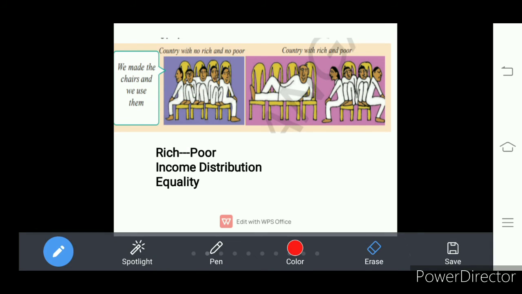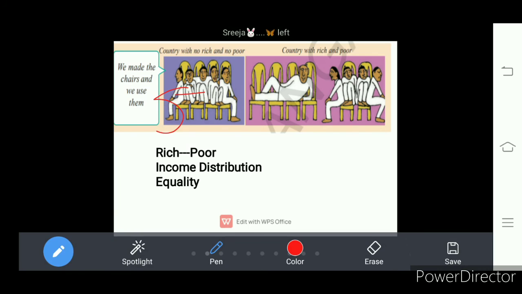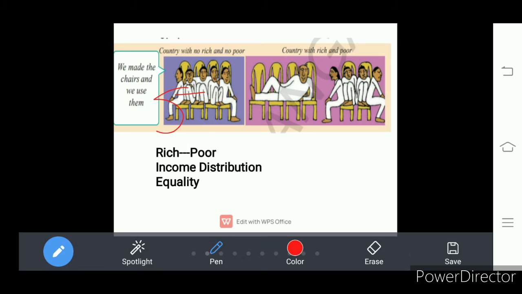Look at that. How many citizens are there here? 1, 2, 3, 4, 5. 5 citizens are sharing 4 chairs. That means everybody is getting the facility to sit on a chair. When coming to this second figure, you find 4 chairs are occupied by one citizen, and in the other, 4 persons are adjusting on 2 chairs.